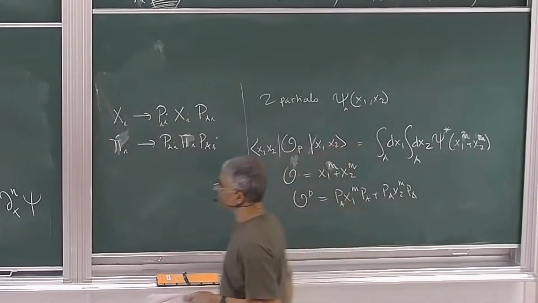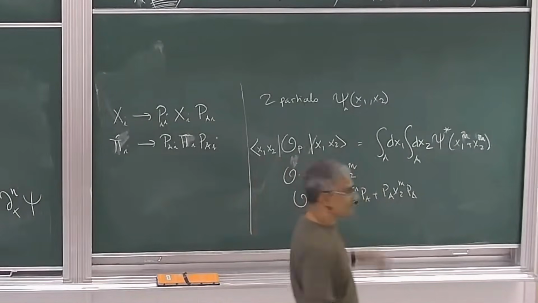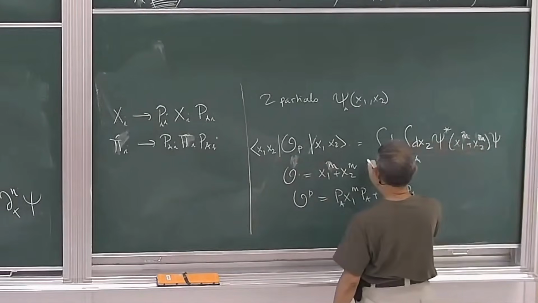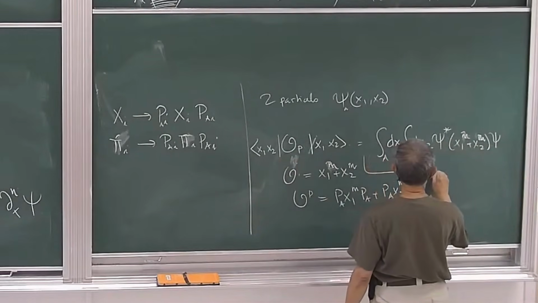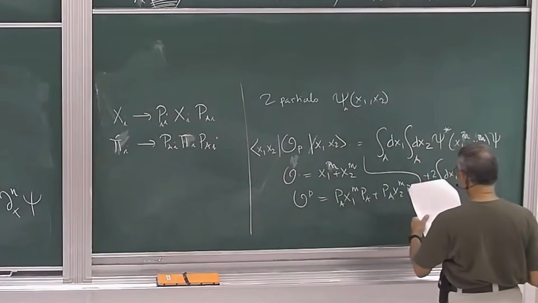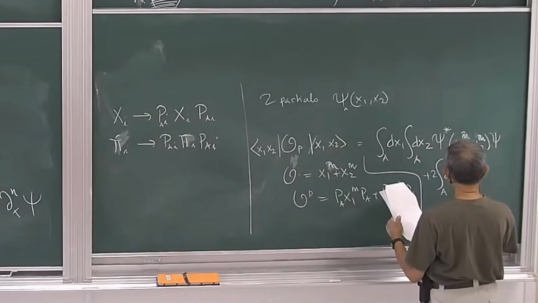Everything is explicit. This is written in terms of delta functions. Just plug it into that expression, and this is the claim. The result is psi star psi, plus 2 times the integral dx1 over A, dx2 over B.